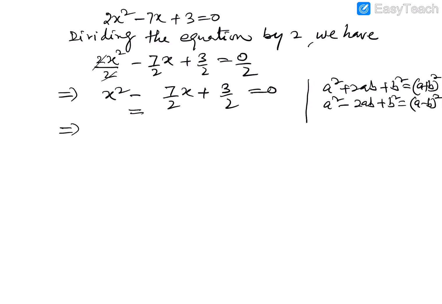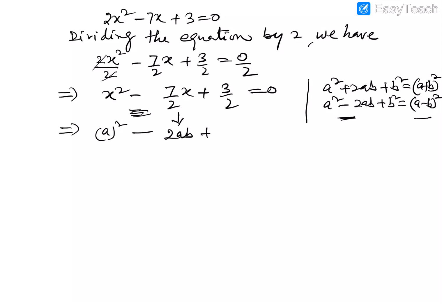Because minus sign is here, so we will change it as a minus b whole square, because this minus can be treated as twice ab and this is like a square.